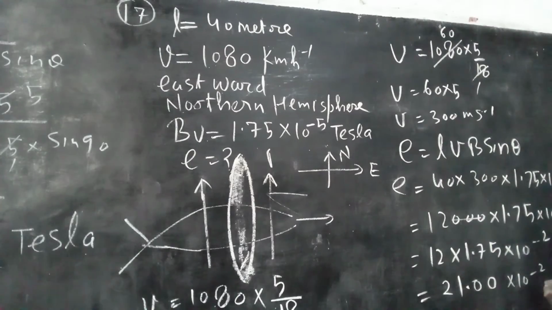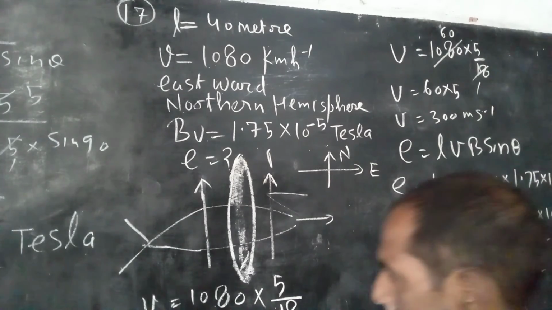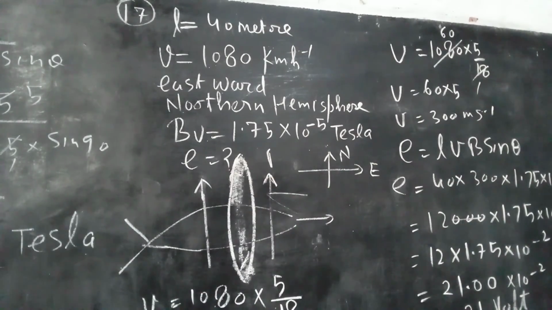So 21 into 10 raised to the power minus 2 is equal to 0.21 volt. 10 raised to the power minus 2 means we divide 21 by 100, and then we get 0.21 volt. So this is the magnitude of the induced electromotive force across the ends of the wings of the plane.